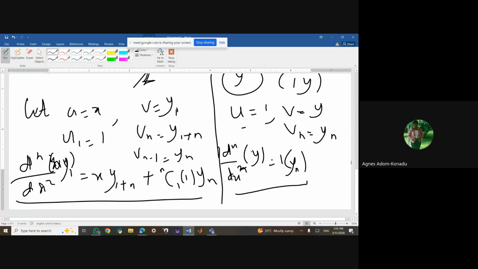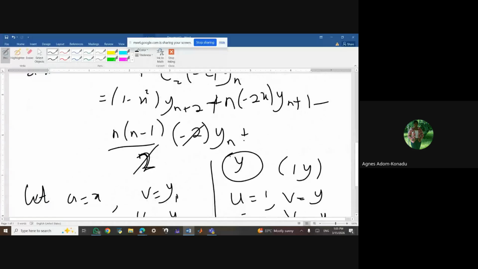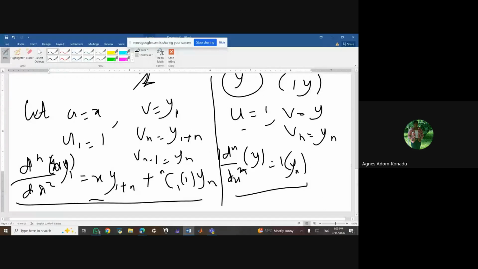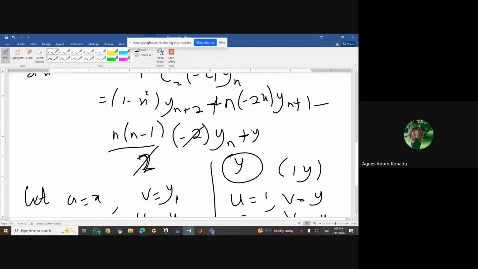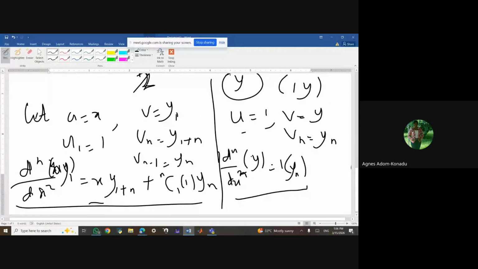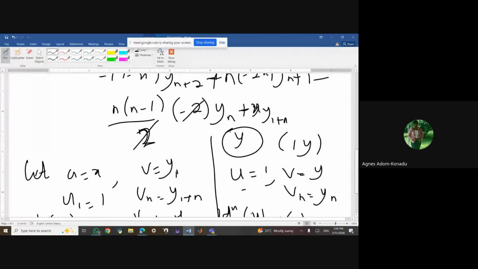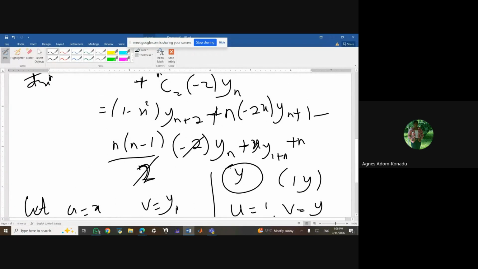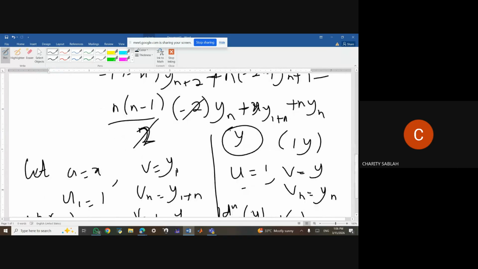So I have to combine all these three. I will have the first one, plus the second one. The first one is here, plus the second one, which is x y_{1+n}, plus n combination 1, which you know is n, so I'll have plus n y_n.